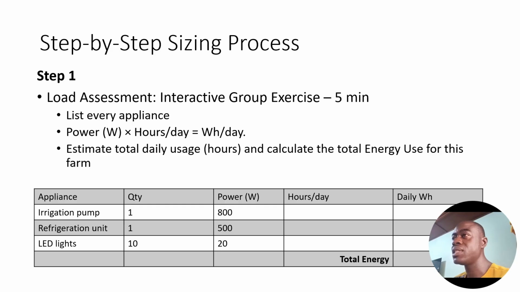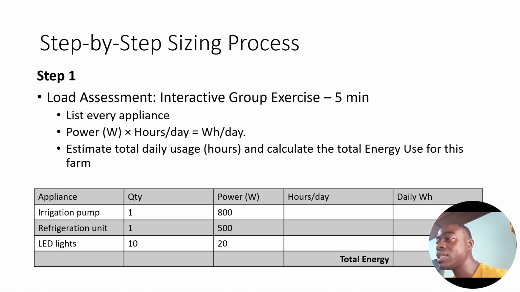So the first step in sizing, we'll have to look at the power needs of the farm. For a small farm, assuming just the bare minimum, a pump, a fridge, and the lights on the farm. Take 5 minutes to fill out this table as a template for computing the total power demand for a small farm.